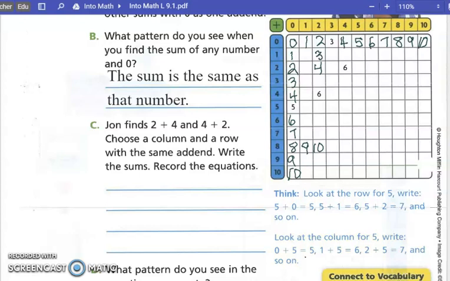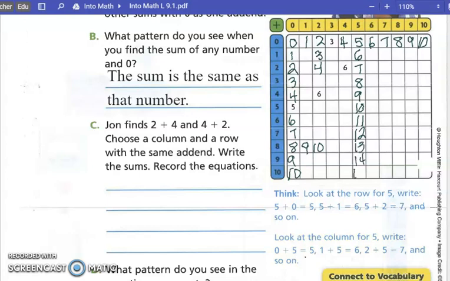Okay, we're going to start with Catherine. Catherine, what number from the yellow did you choose to add? 5. So can you tell me what's down your column? You have a 5 and then what? 6, 7, 8, 9, 10, 11, 12, 13, 14, 15.